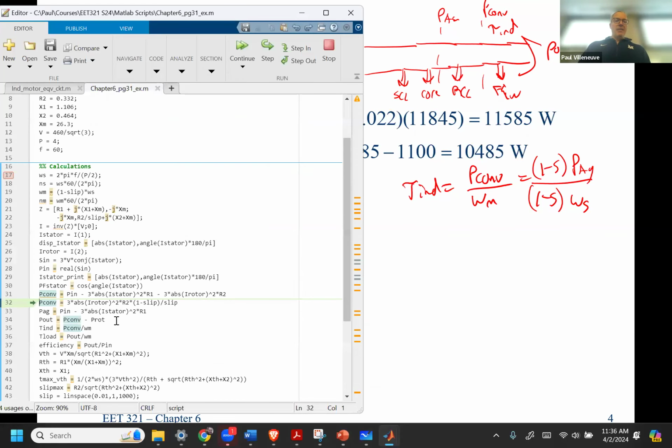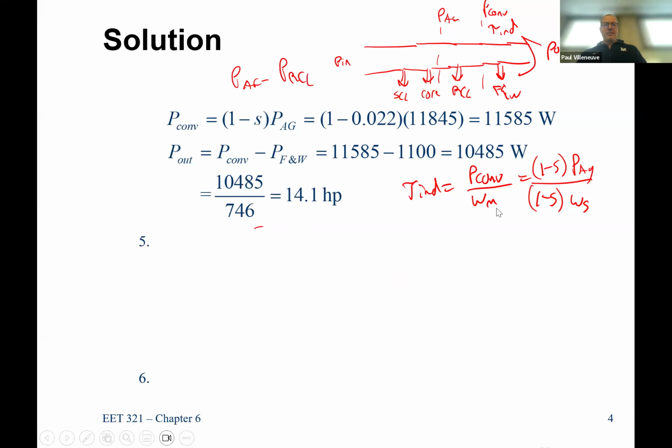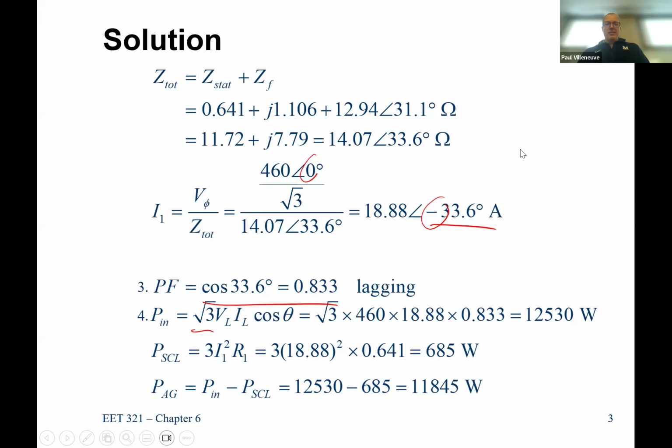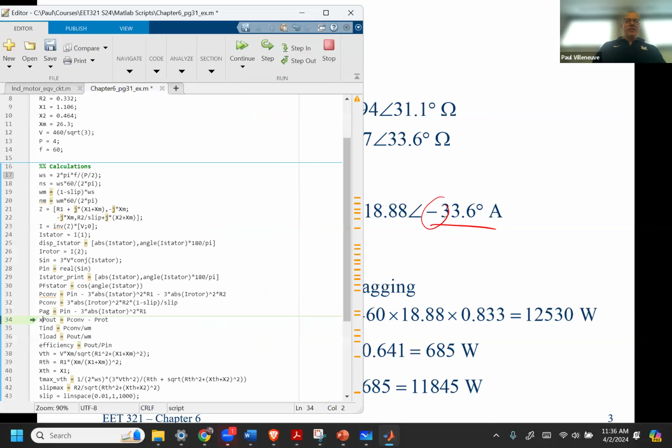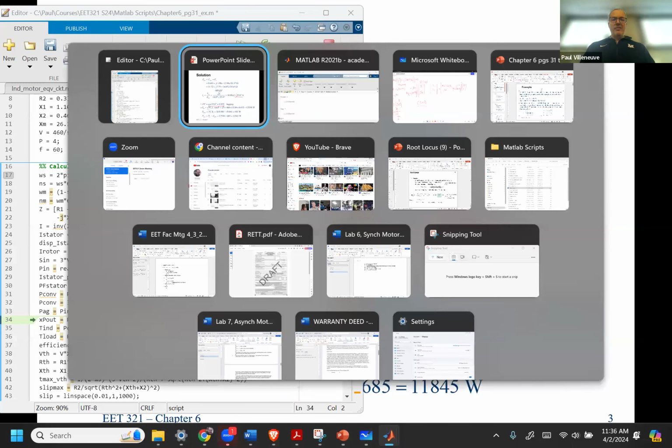Continuing on, now I'm going to get my air gap power. And notice I'm just taking away whatever the input power is, and I'm subtracting out the stator copper losses. So when I do that, I get 11,845, which let's see how that compares here.